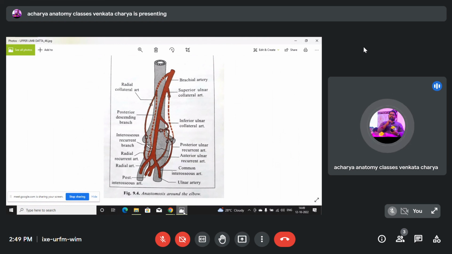Here the descending branch and the interosseous branch anastomose with each other. And the radial recurrent and the radial collateral artery unite to form an anastomosis. So 1, 2, 3, 4, 5 anastomoses.